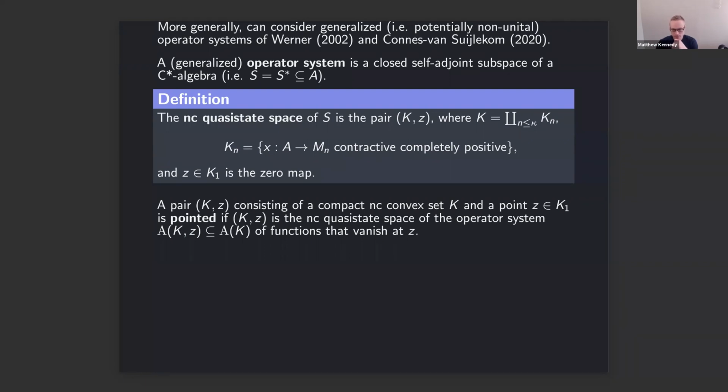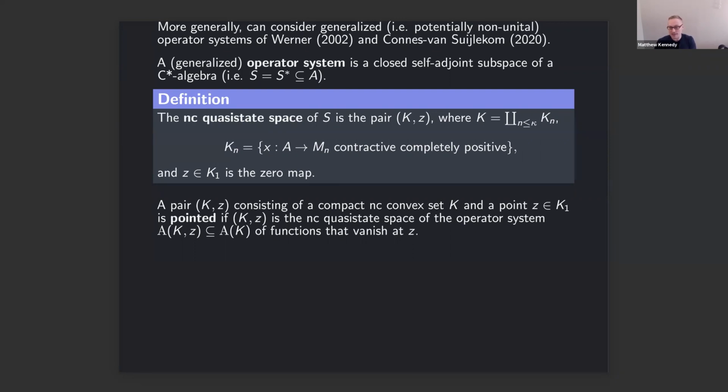So we say that a pair consisting of a compact NC convex set and a distinguished point Z in K1, so on the first level, is a pointed compact NC convex set if it's the NC quasi-state space of the operator system of continuous NC affine functions that vanish at Z.